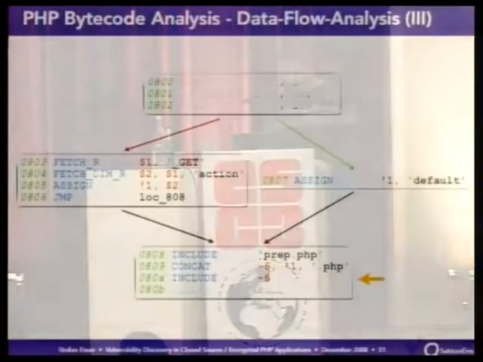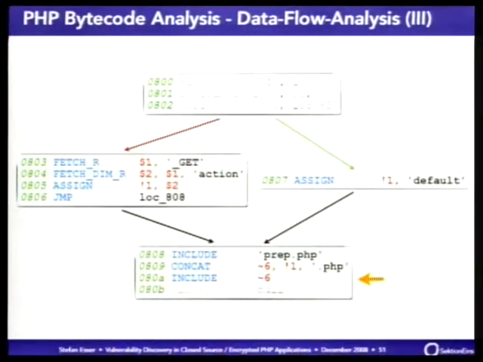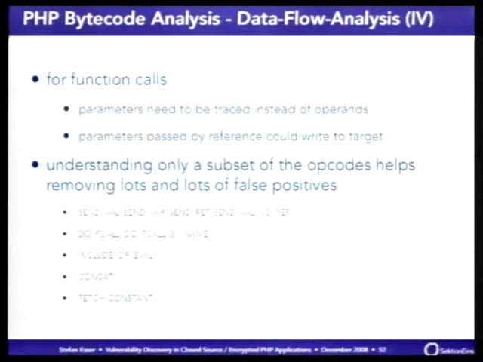Of course, you can continue this if there are more hotspots, but right now there's no hotspot anymore, and you don't care. Of course, this is a very, very simple example. It gets far more complicated when you have function calls, because then you need to trace all the parameters of the functions and not only the result operand that gets written to.